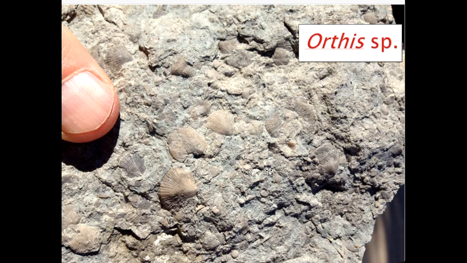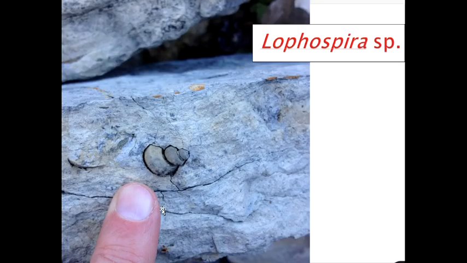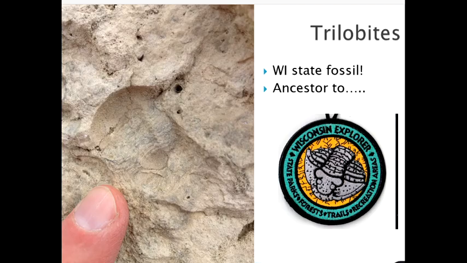They still do today. Again, evidence of oceans in this area. And then this, of course, is a snail. You can see the little spiral shape of this Lophospira here. All of these things are bits of evidence that confirm this ocean environment that we used to have here.